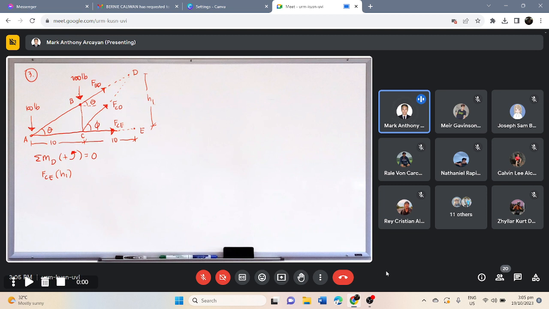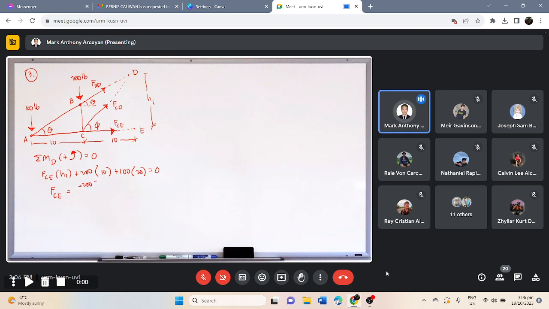Then 200 and 100 both produce counterclockwise. So plus 200 times 10, then plus 100 times its moment arm, which is 10 plus 10, that's 20, equals 0.